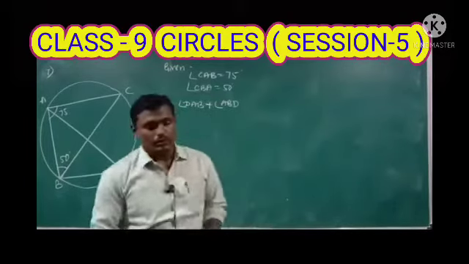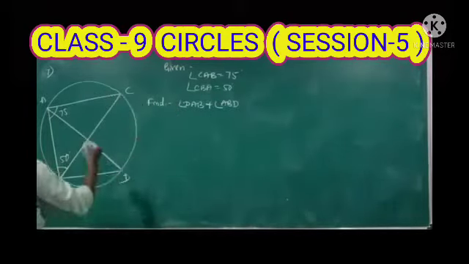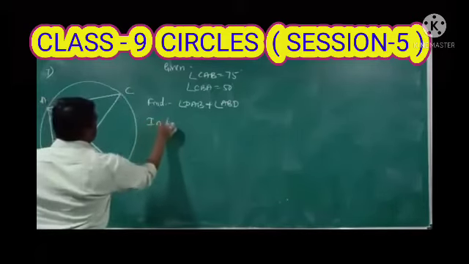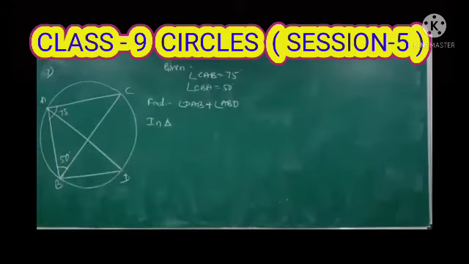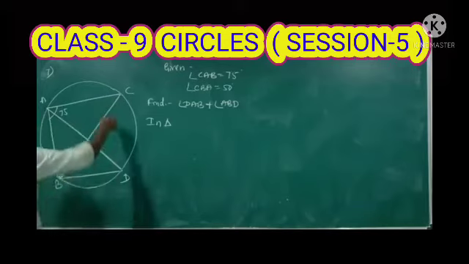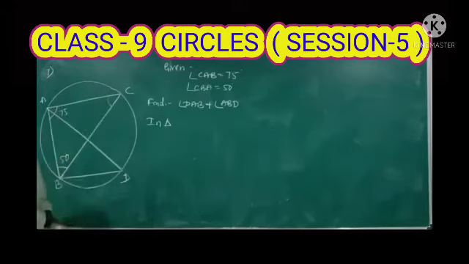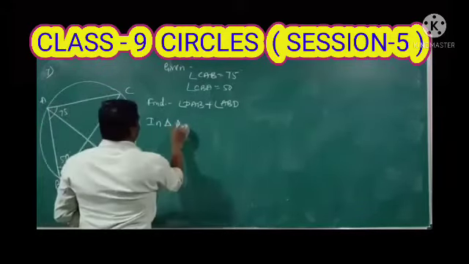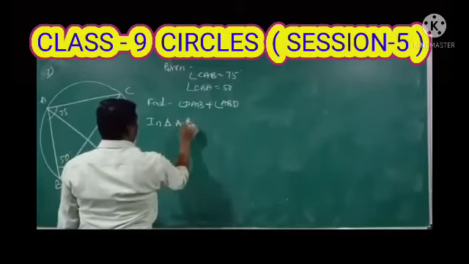Before going to calculate the angle, first observe the angles. Here one complete angle is given, right? Angle B is also complete. By using this triangle ABC, we need to find C. So first find in triangle ABC.